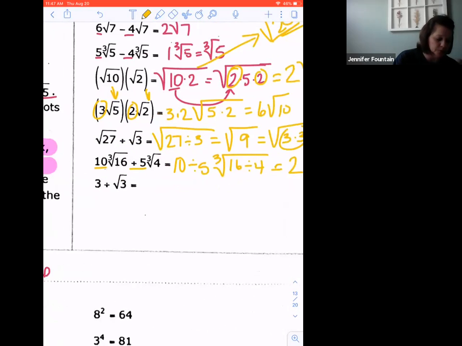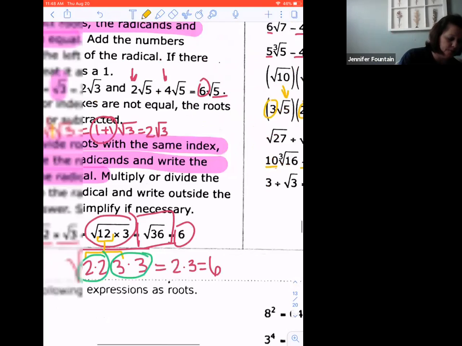And then the last one, let's look at this. I have a whole number 3 divided by the square root of 3. What I need to do in this situation, remember, let's look over at our directions again.